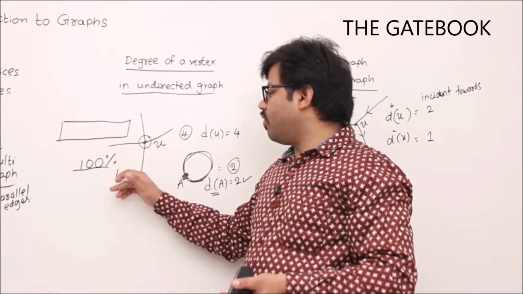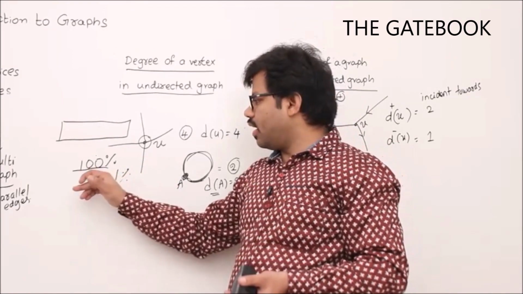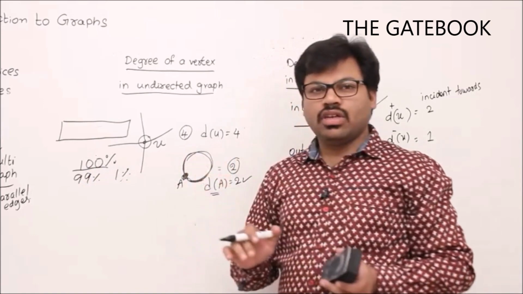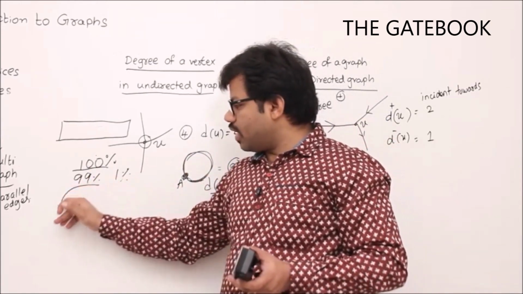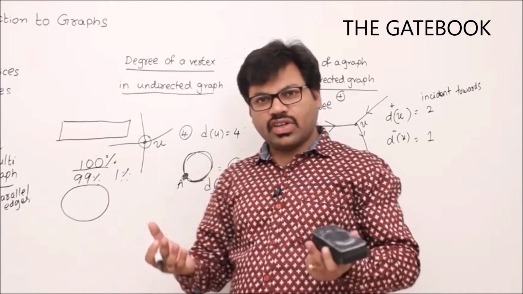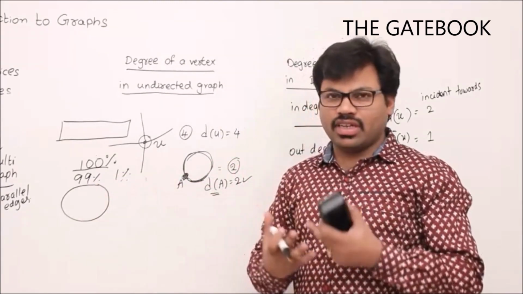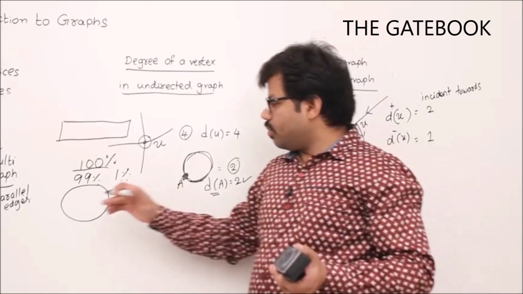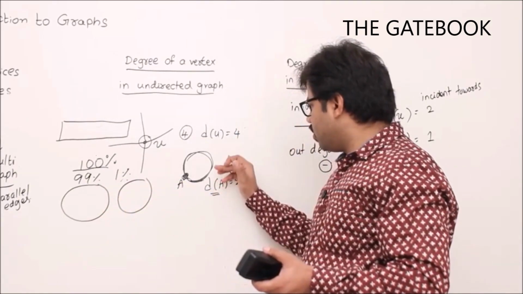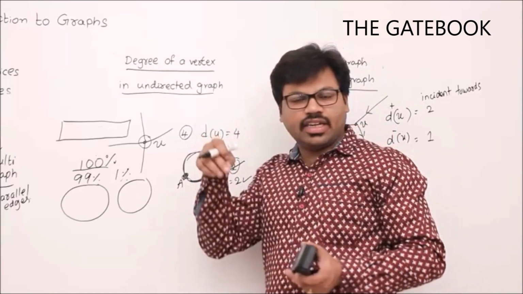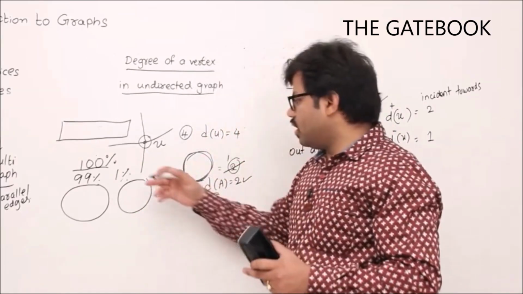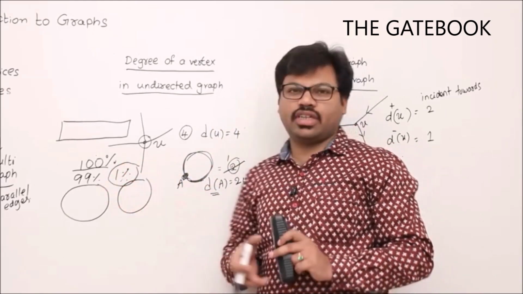Let's take very rare as 1%, and 99% of graphs don't contain self loops. Then for these graphs there is a theorem called the sum of the degrees theorem. It always works. Don't worry, I'm going to teach that. But if I count this degree of A as 1, since only one edge is incident, then the sum of the degrees theorem fails. Only for that 1%.